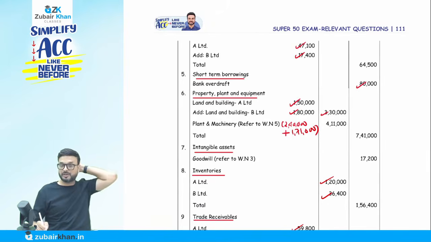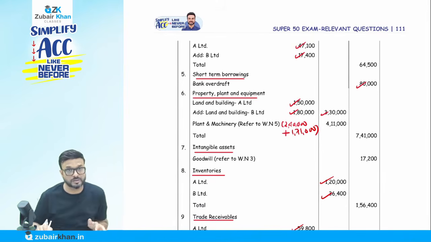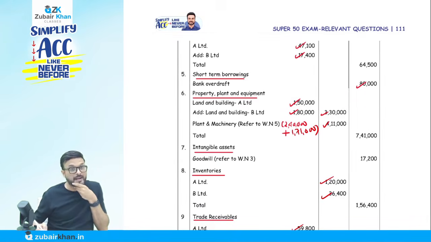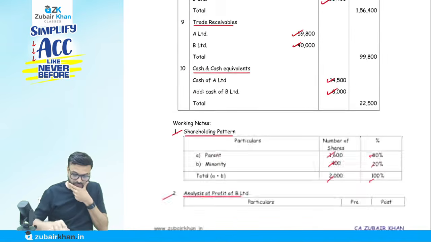It should appear at 1,71,000. You got the point here? That is why they have calculated this 4,11,000. Done.